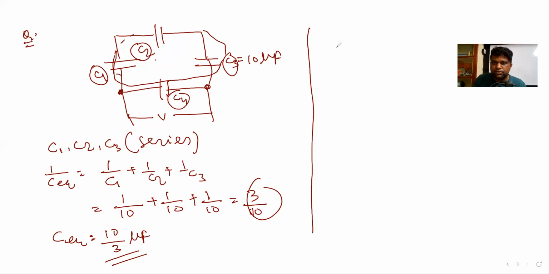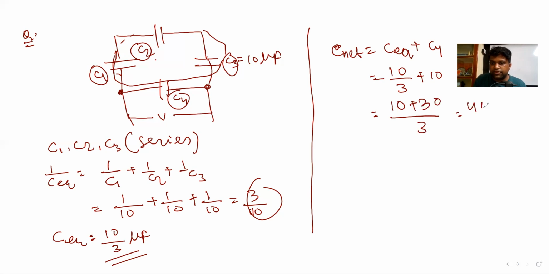So we'll use the net capacitance C equal to C equivalent plus C4. C equivalent we got as 10 by 3, C4 is 10. So this is basically 10 plus 30 by 3, which is 40 by 3 microfarad. So the net capacitance of this circuit is 40 by 3 microfarad.